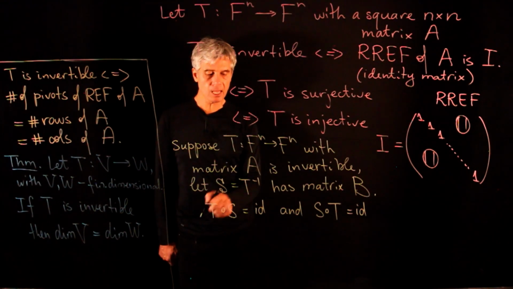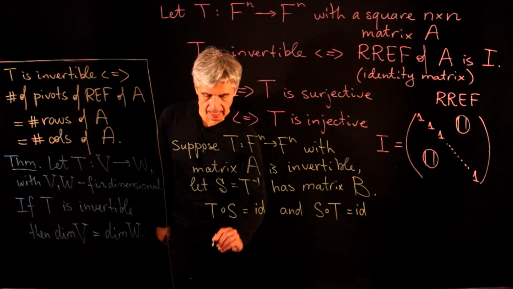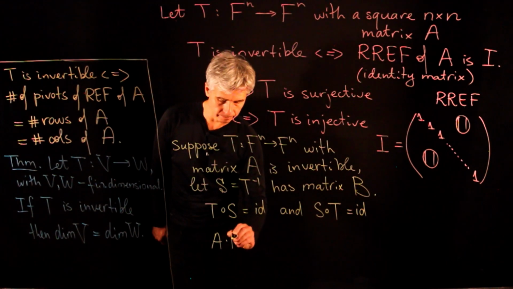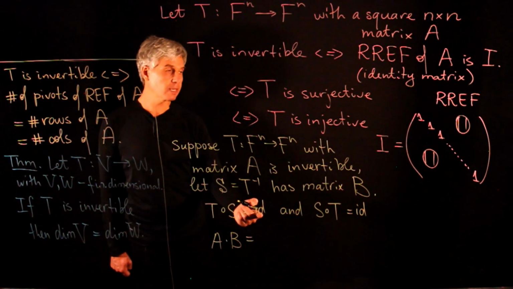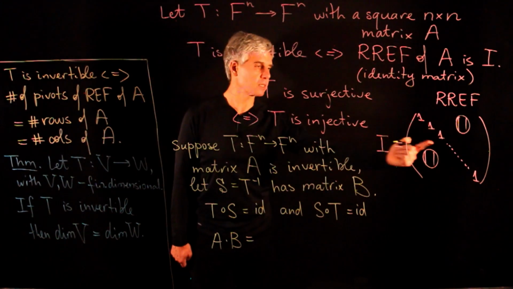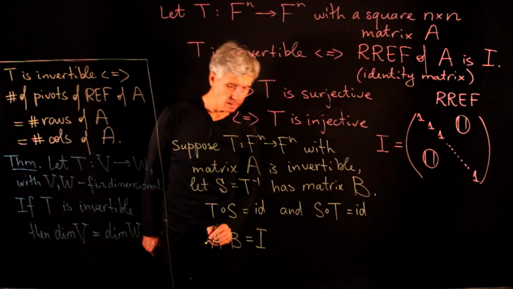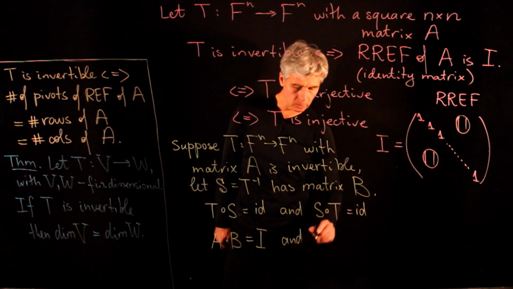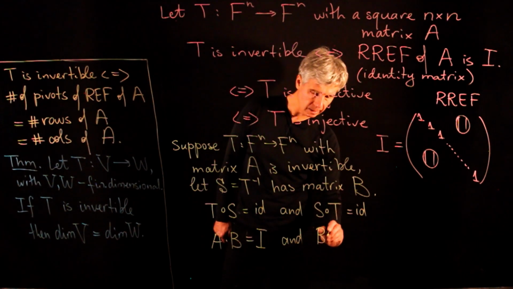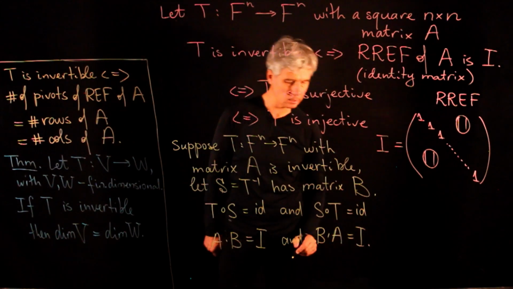So this means that the matrix of the left-hand side is going to be A times B. And the matrix of the right-hand side, so the identity transformation, is the identity matrix. And the same holds in the opposite order. So B times A is also identity matrix.